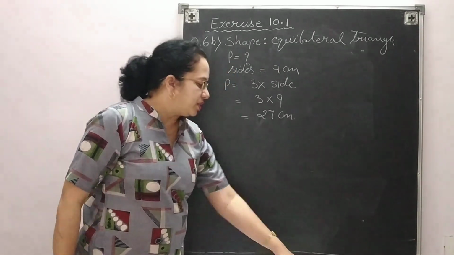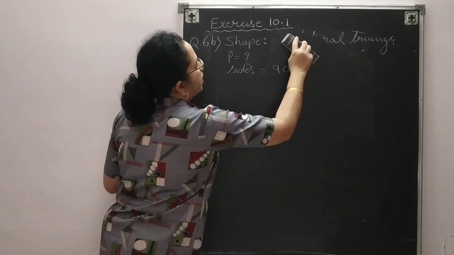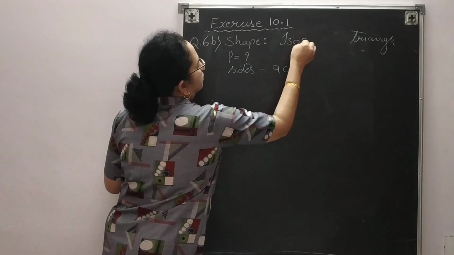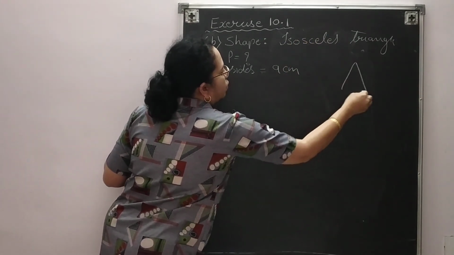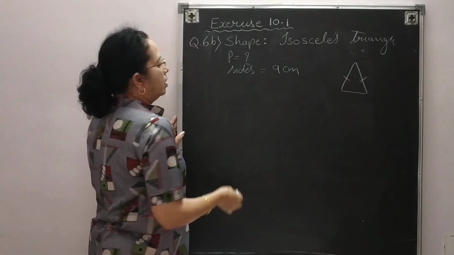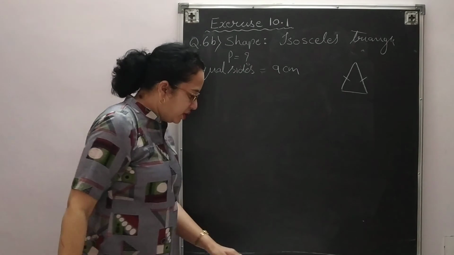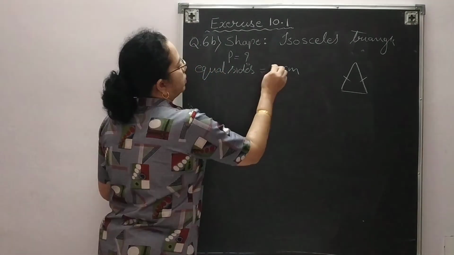The third one, it is given an isosceles triangle. Instead of equilateral, now it is given isosceles. Isosceles triangle means two sides are equal, so equal sides must be given over there. Equal sides are given here, 8 centimeter.